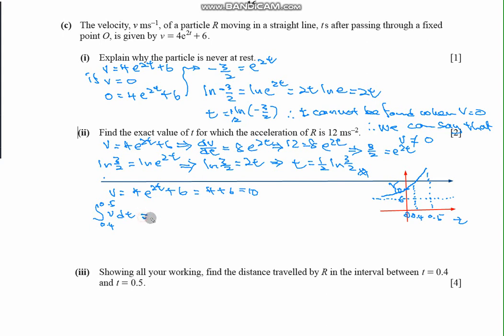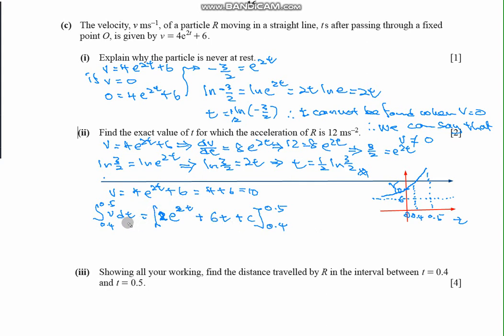So in this case, you integrate this, and what you finally get is, sorry, when you integrate this it becomes 2e^2t.